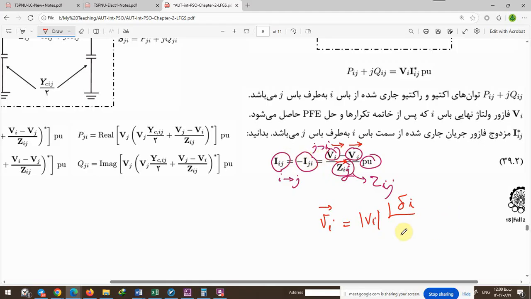A scalar means only a number without any angle. If you have two parameters describing a number, we have a vector. For example, if A is 5, A is a scalar, but 5 with an angle of 10 degrees, A is a vector. Okay.